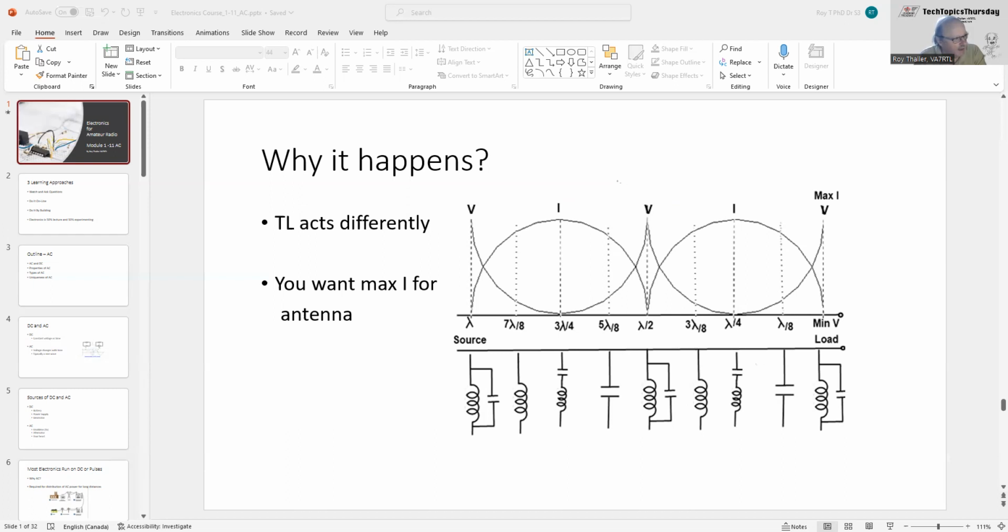in the line. And for transmitting to generate RF waves at your antenna, you typically want maximum current. You don't want maximum voltage. So for example, like a dipole antenna, if you looked at the curve of the dipole, you would have maximum current at the center of the dipole and maximum voltage at the ends.